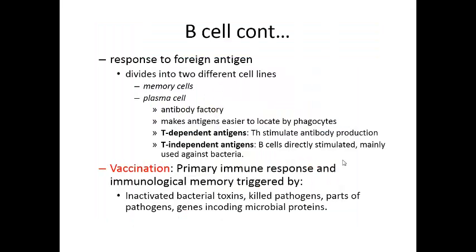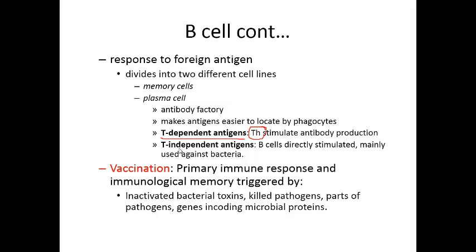We can categorize antigens based upon how they lead to the production of antibodies within the body. There are 2 types of antigens. One is called a T-dependent antigen. A T-dependent antigen is an antigen that leads to the production of antibodies through the helper T cell.